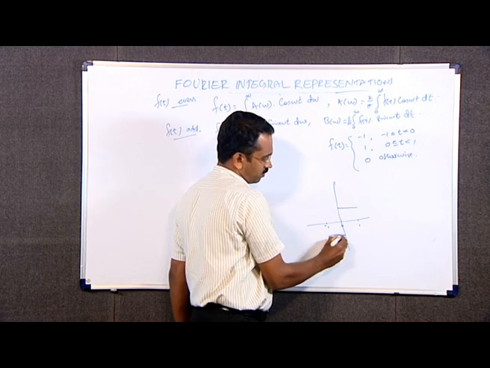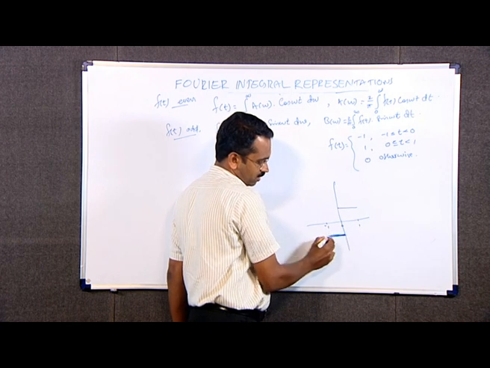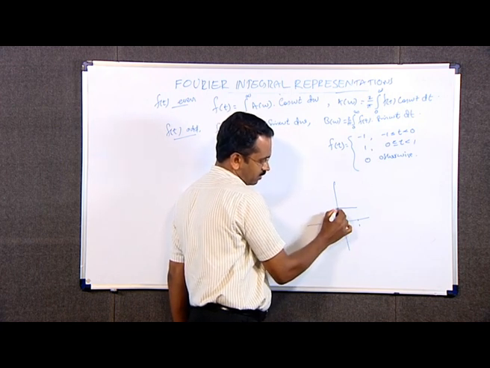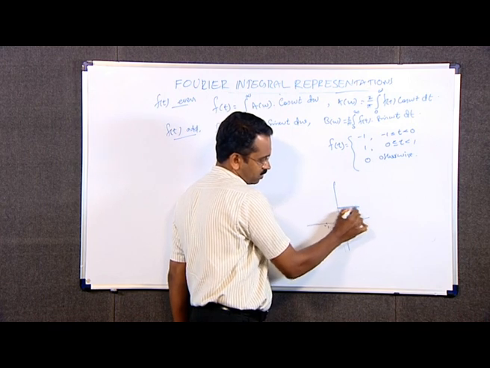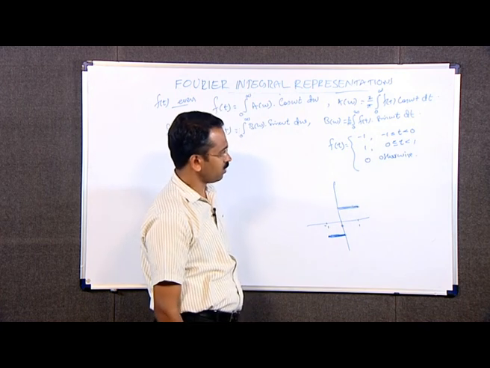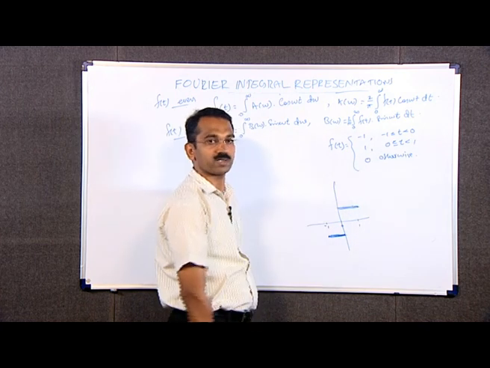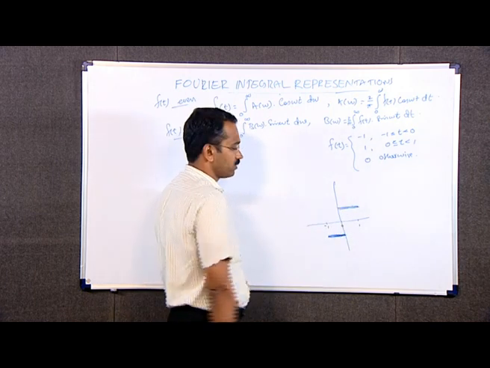Therefore, the portion of the graph is towards the left side here, and here 1 unit in the rightward direction. In all the other cases the function is defined as 0.